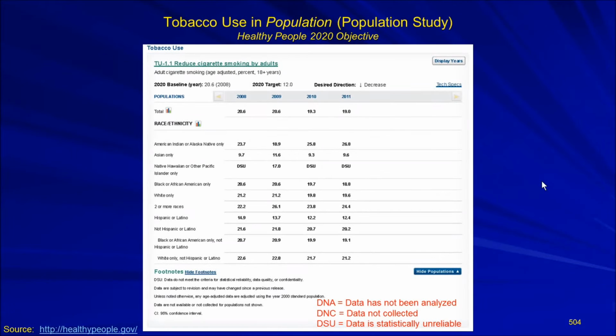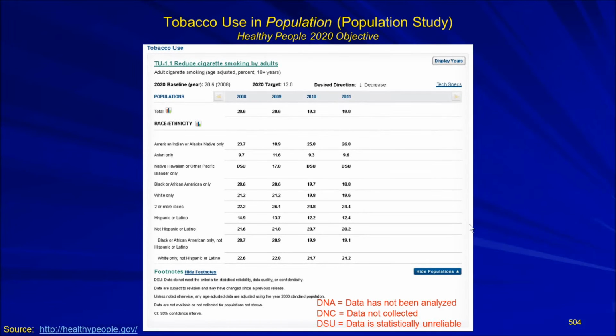Now, I told you with the prospective study, there was group statistics and there were population statistics. And we have to obtain data from a secondary source to do population statistics. And I want you to go through this carefully with me so you understand it.